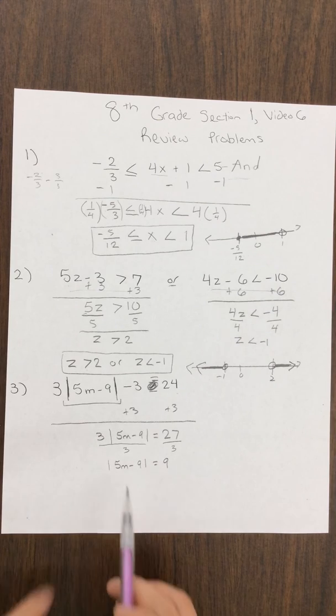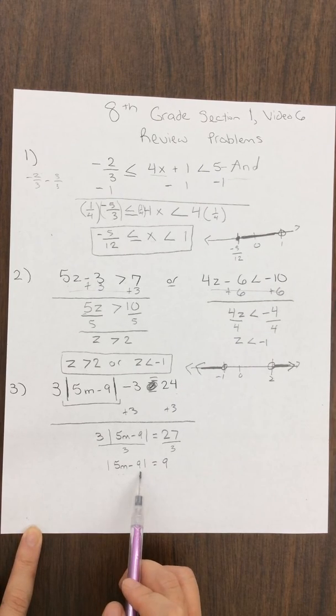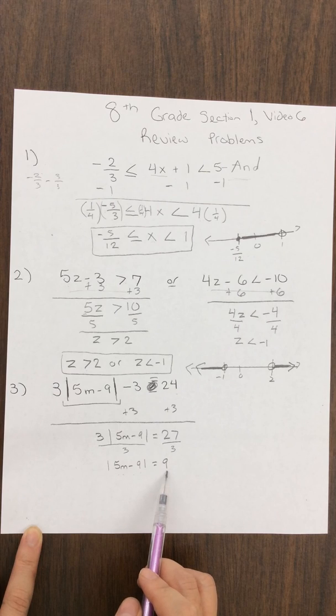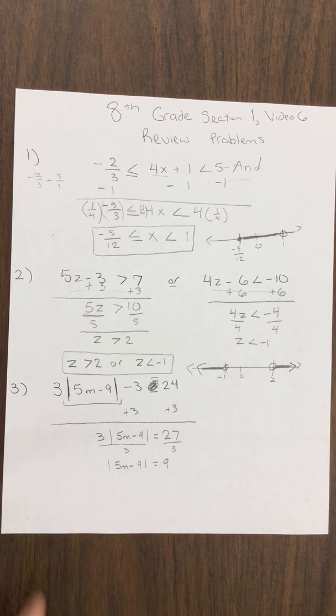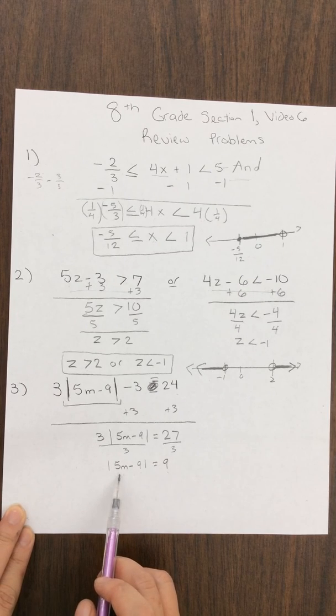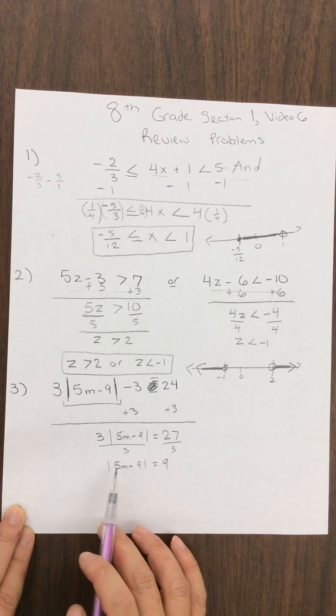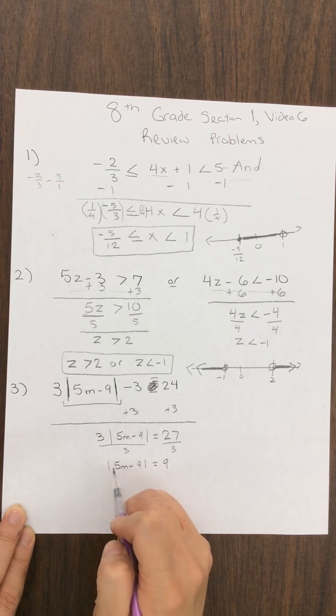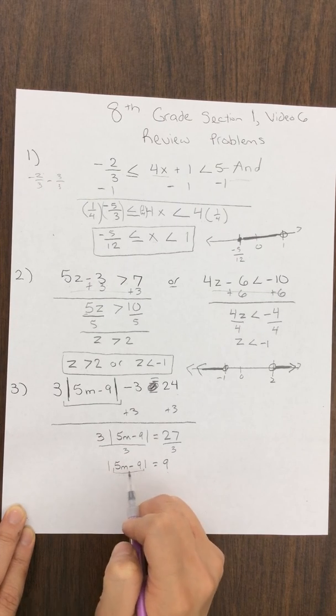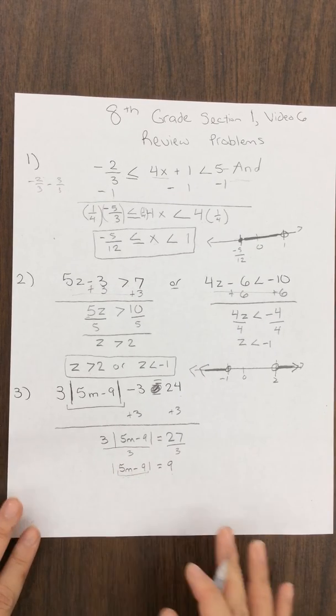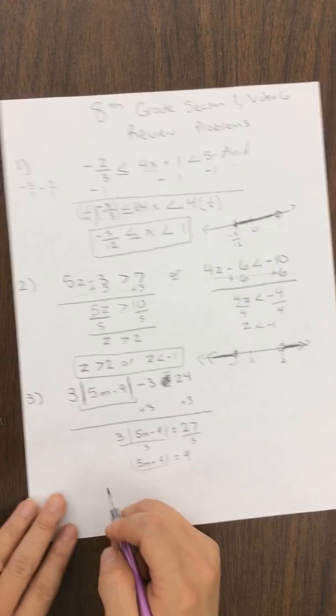Now, 5m minus 9 is a distance of 9 units away from 0. So you actually have two possibilities here. Since the absolute value of 5m minus 9 is equal to 9, that means that this part right here inside the absolute value brackets could be either equal to 9 or negative 9. So I have to set up two separate equations.